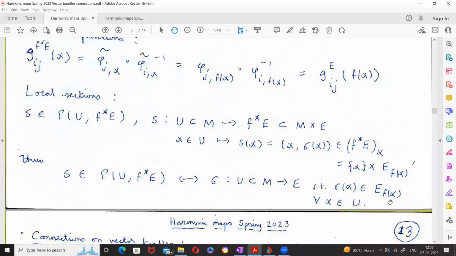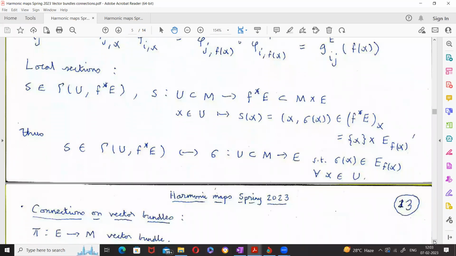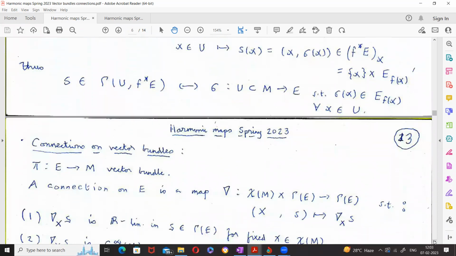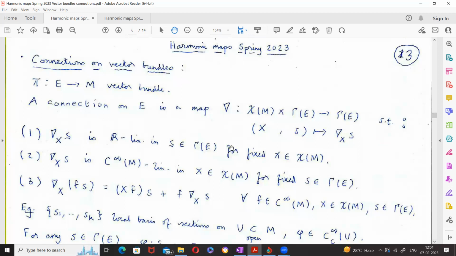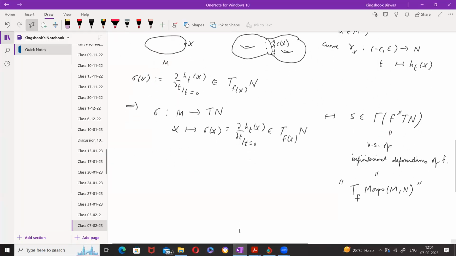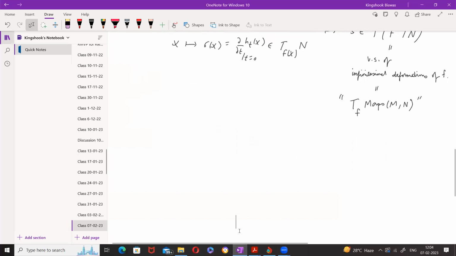All right. So now we can come to the next topic, which is connections on vector bundles. Before giving the definition, let me give some motivation. What is a connection on a vector bundle?